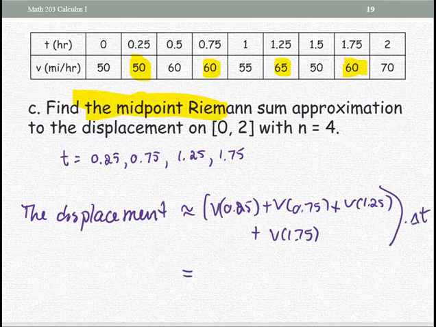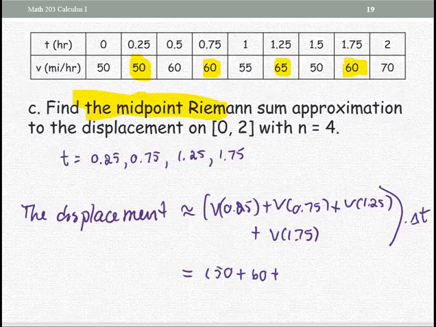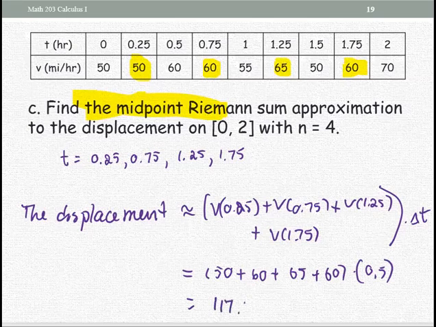And then from the table, we're going to add the values 50, 60, 65, 60, and then multiply by 0.5 and get the number. It should come out to be 117.5.